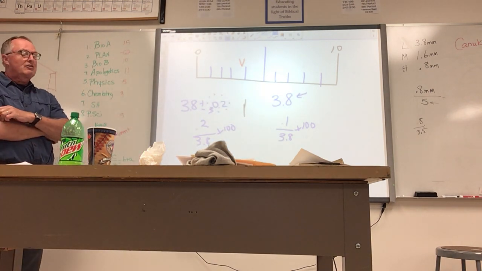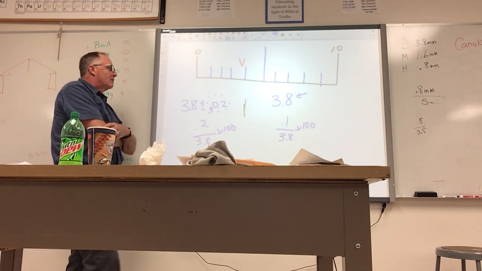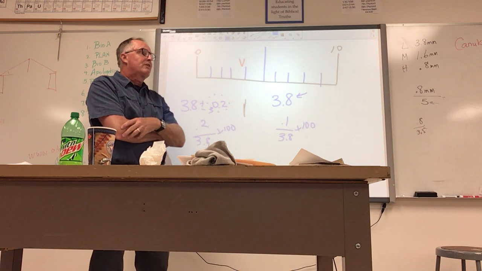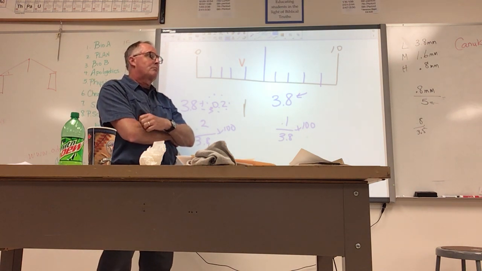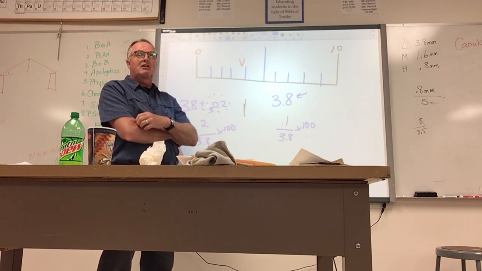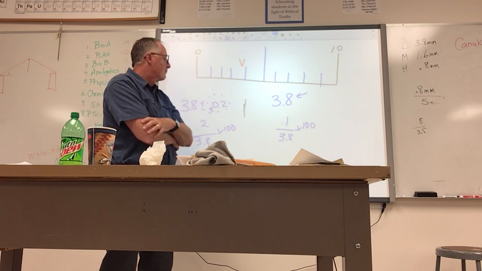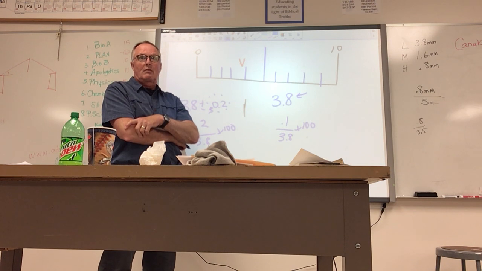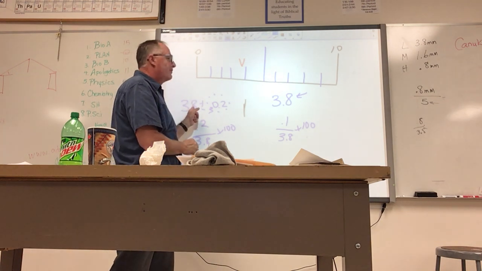All right, any questions on that, finding the percent uncertainty? Some things will give you the plus or minus. Others just assume that it's accurate, it's just going to be your measurement, your assumption at the end. So you know you have the plus minus 0.2. If you don't have that one, or if it has just 3.8, is it always going to be 0.1 on top? It's always going to be one of whatever the end is.